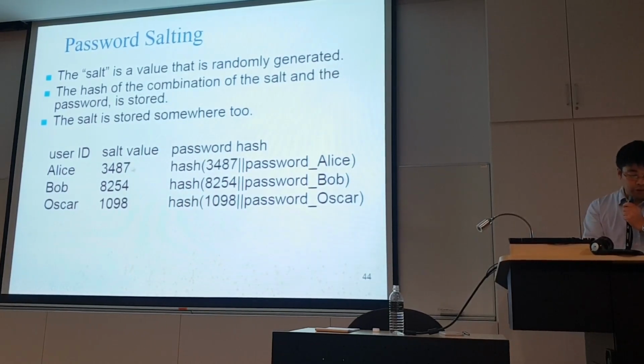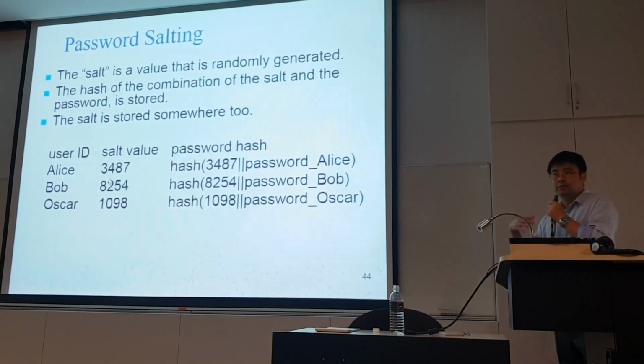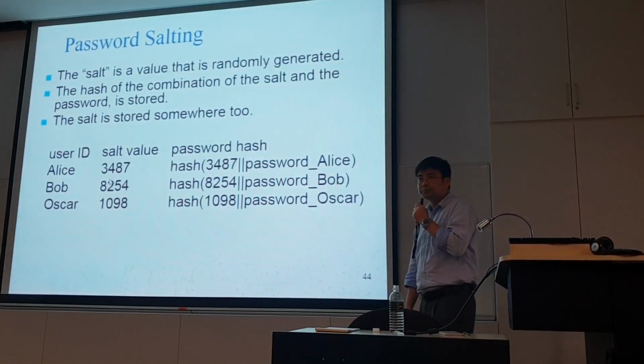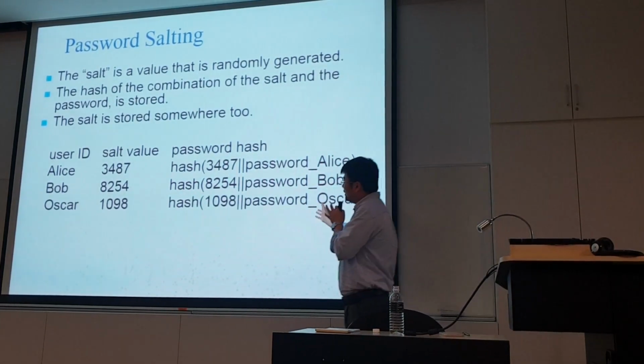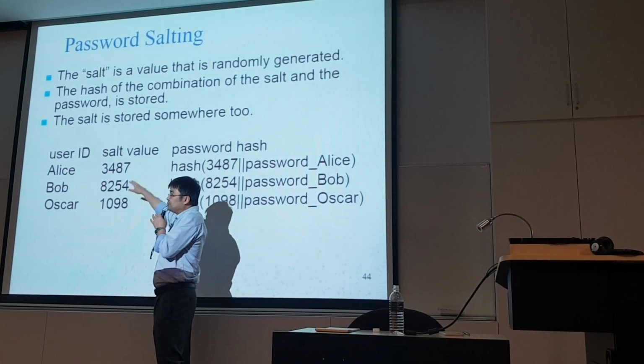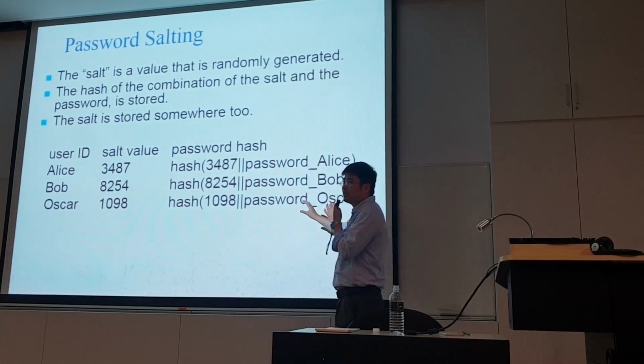The reason for introducing this salt value is, again, to slow down the brute force attack. Suppose the attacker obtained this hash table. If we don't have this salt value, we only hash the plain password.